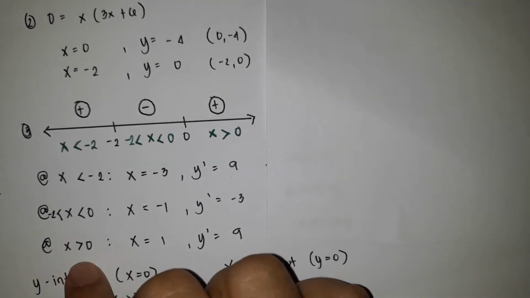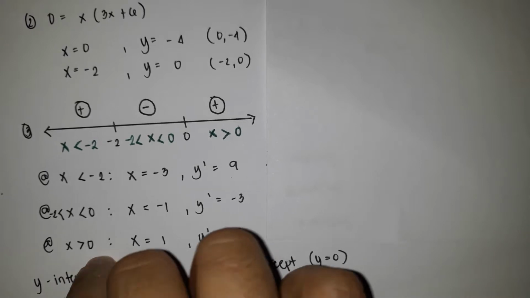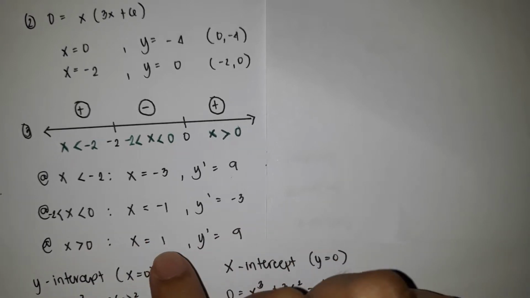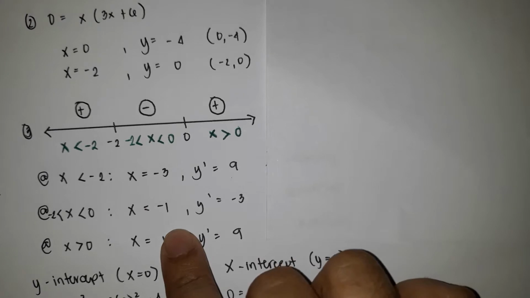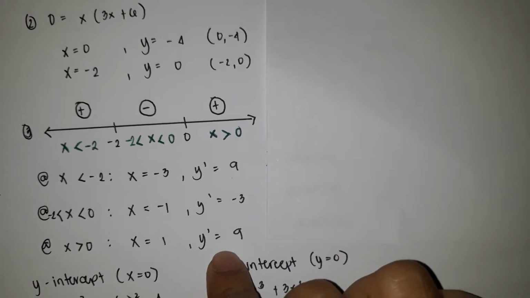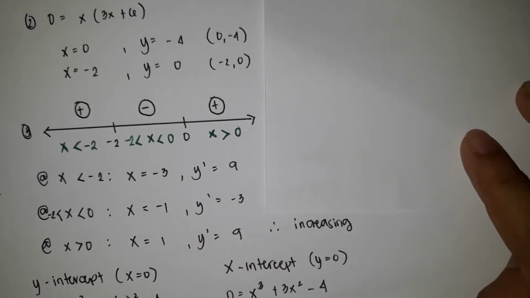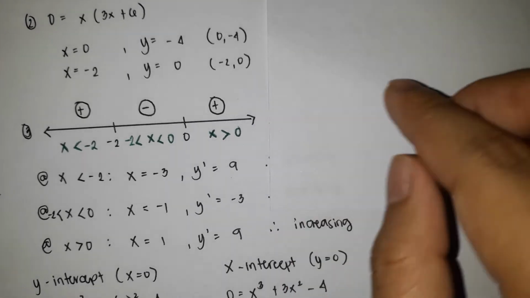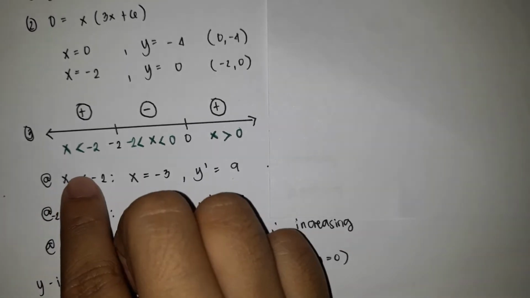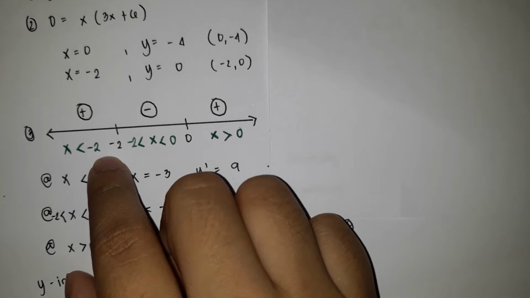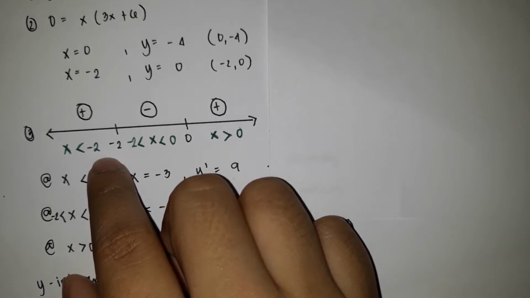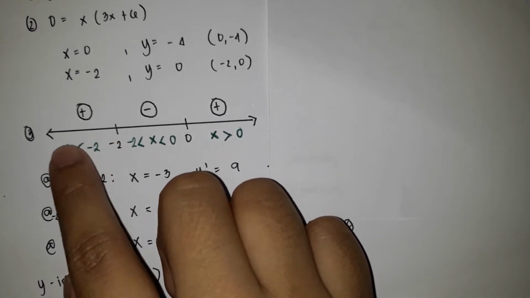Next, at x greater than 0, we use x is equal to 1. As we substitute it to the derived function, it resulted to positive 9. So it is increasing.